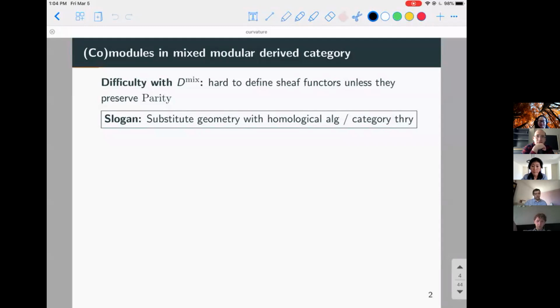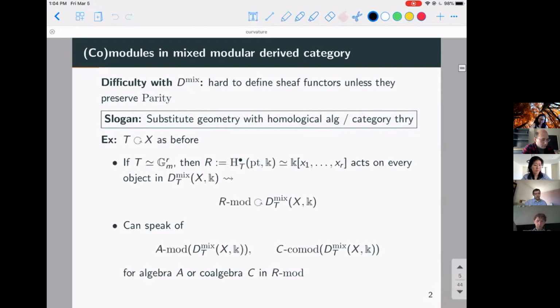A very good slogan has been to try to substitute geometry, where it's not available, with some homological algebra or category theory. This has been really effective, especially in modular geometric representation theory, precisely because some important characteristic zero tools are just not available anymore. As an example, let's take a space X again with an action of a torus T. This D mix T-equivariant is supposed to be something like T-equivariant sheaves.